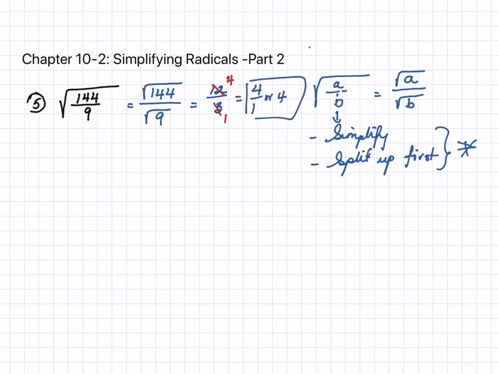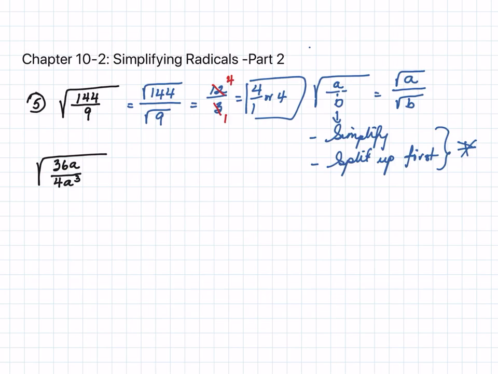Okay, let's take another scenario. I have the square root of 36a over 4a to the third. I can split it up, but let me simplify this ahead of time before I split it up. There's no right or wrong way.